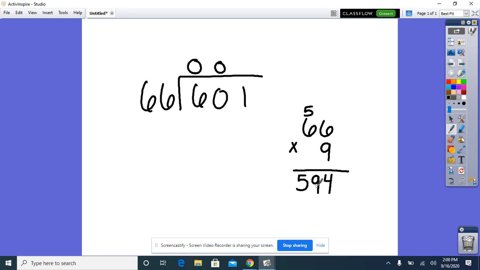I am right under it, and I know if I add another 66 to this, it would be the same as 66 times 10, which would give me 660. So we know that 66 will go into 601 9 times. That's where I'm going to put my 9 up here. So this really is just a guess and check to see what numbers you multiply it by, and if you go over this number, you just keep going down until you're right under it.